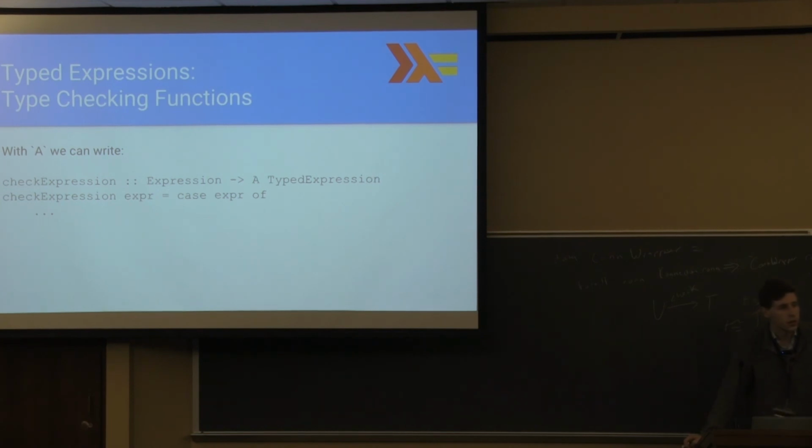Was there any reason that you use data instead of newtype for the forall and the various constraints? Oh, the A? Is there a reason there? I didn't know if maybe the kind of quantification that you're doing prevented you from being able to use newtype for some reason. No, I don't think so. I think with the additional constraint you have to use data to construct that.